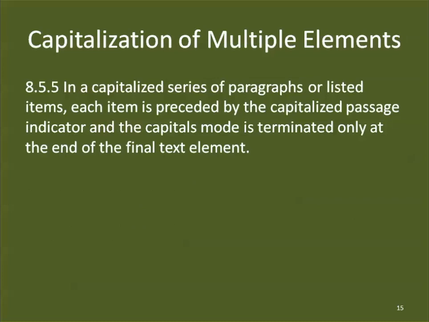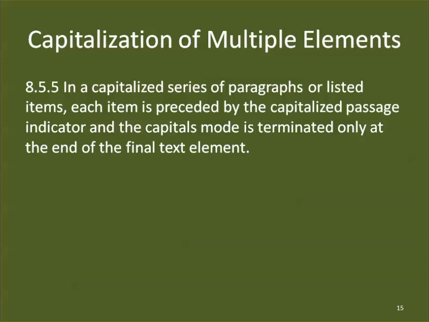Capitalization of multiple elements. Now, UEB says an element is a piece of information, a chunk of information within a context. In a capitalized series of paragraphs or listed items, each item is preceded by the capitalized passage indicator, and the capitals mode is terminated only at the end of the final text element.